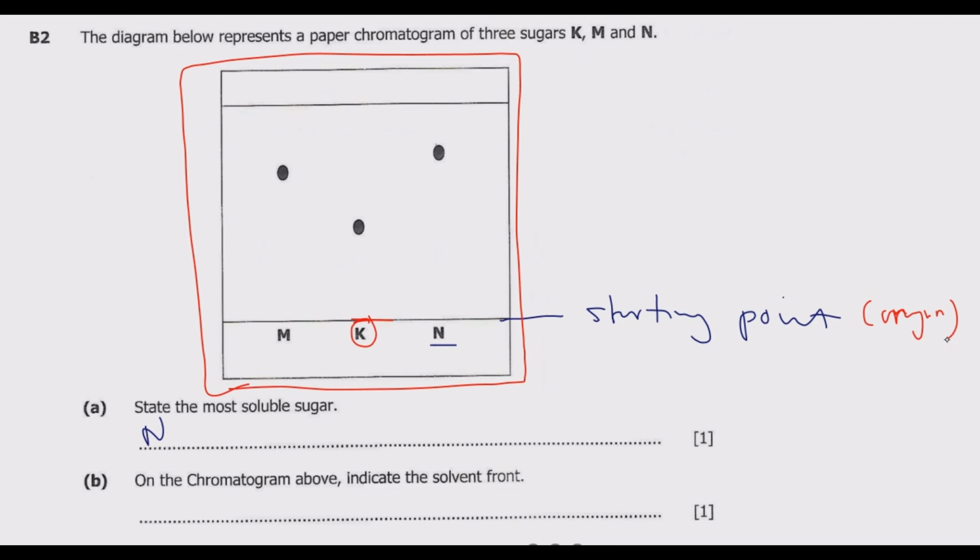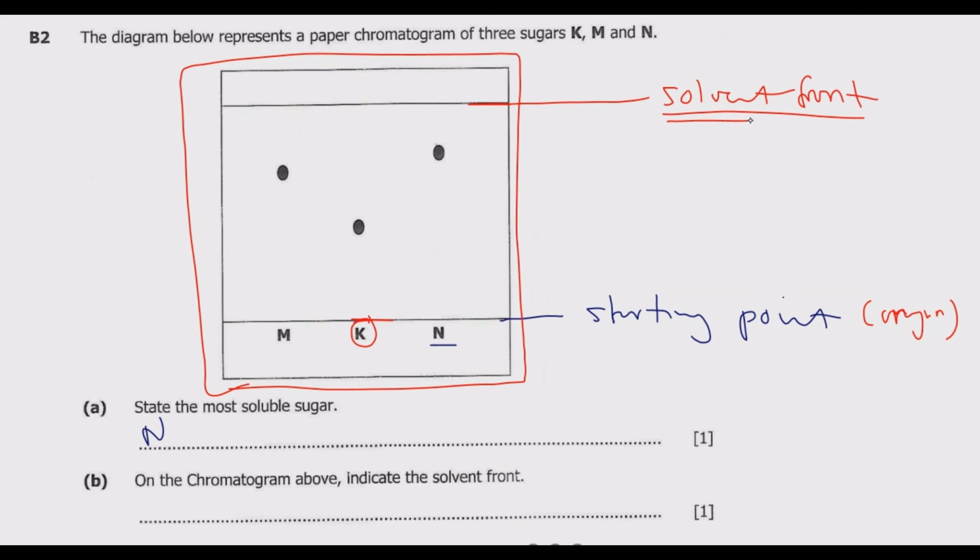Then we have the solvent front, which is the furthest distance traveled by the developing solvent. So the furthest distance that is traveled by the solvent is up to here. So this is what is known as the solvent front.